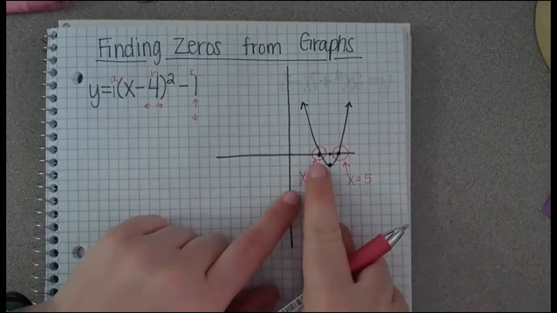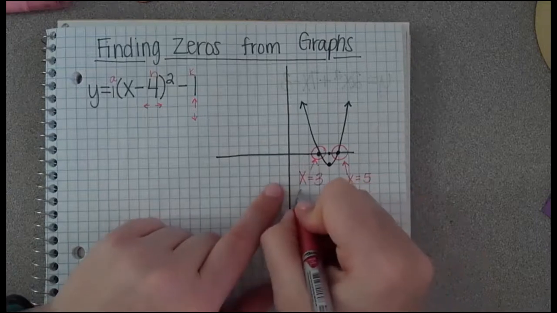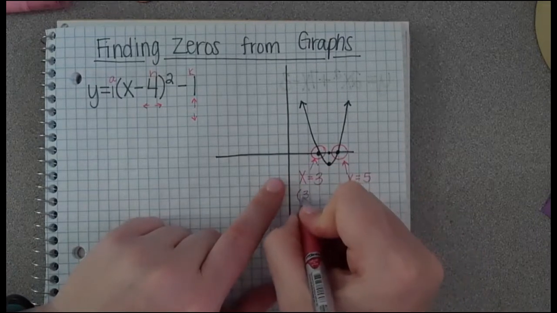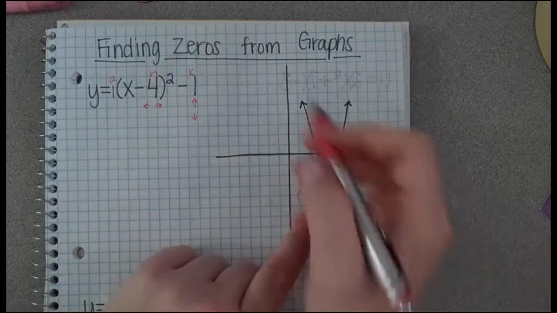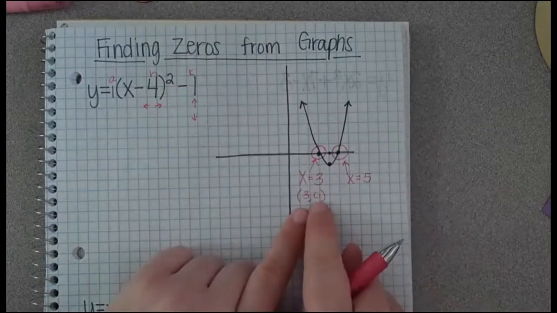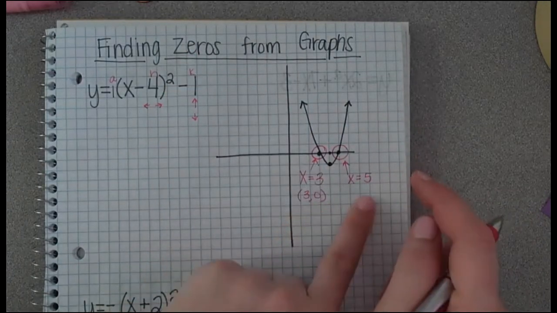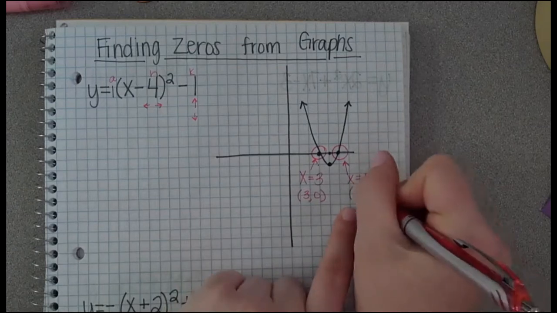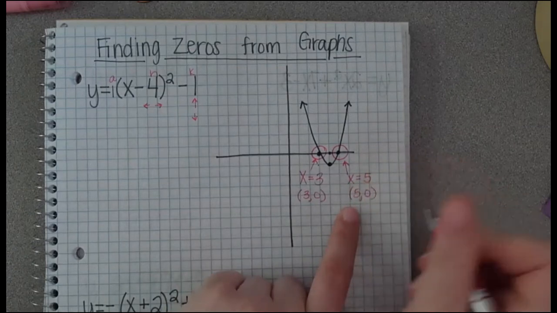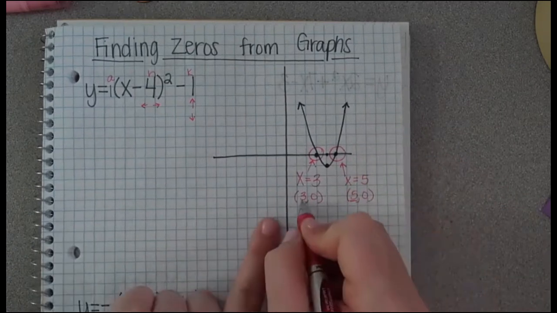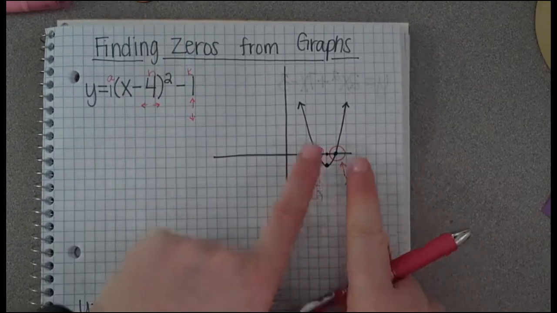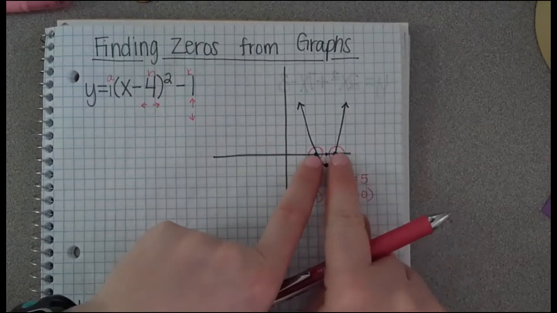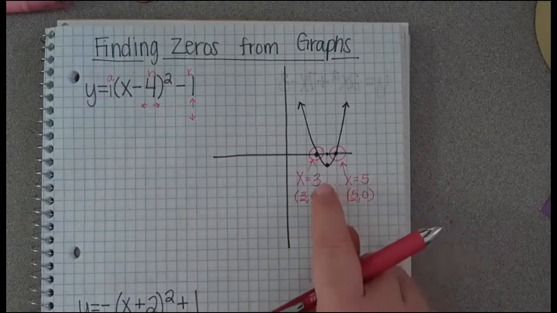Now, if you think about that point, that point is at the point (3, 0). We call it a zero because the Y value is 0. This point would be at (5, 0). So all we're identifying is the X value where it crosses the X axis. So just keep that in mind.